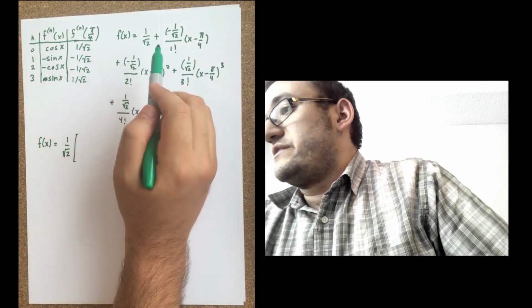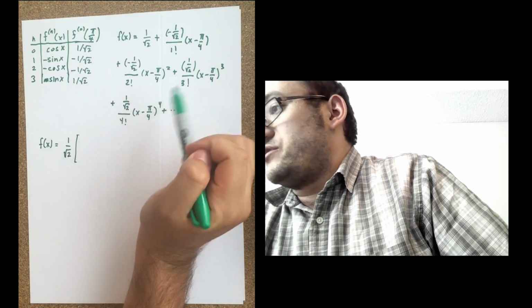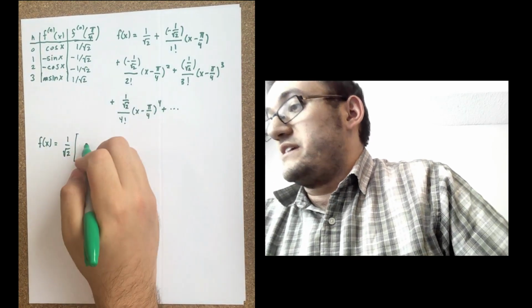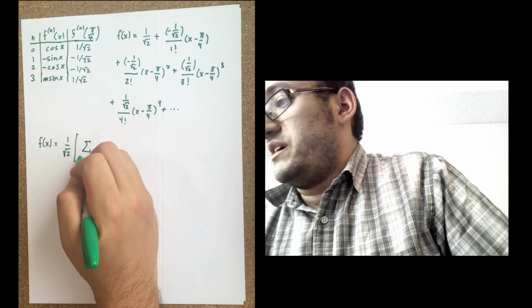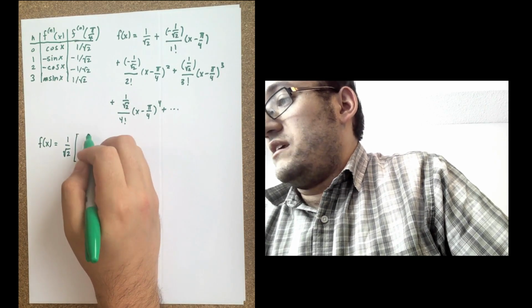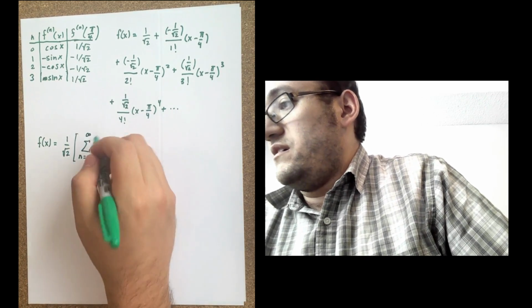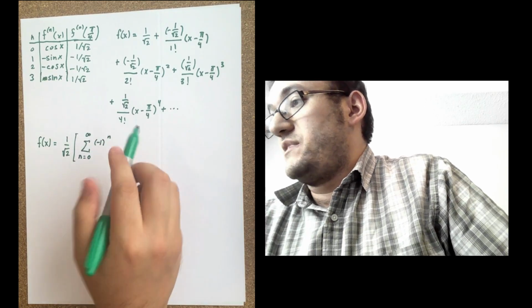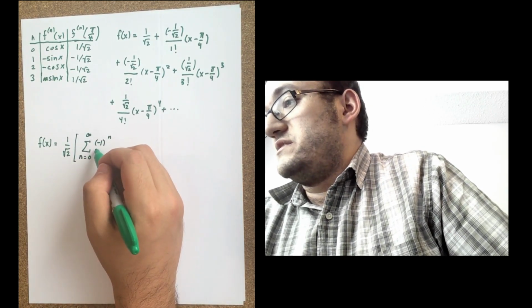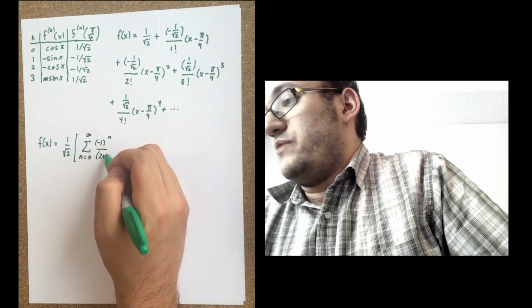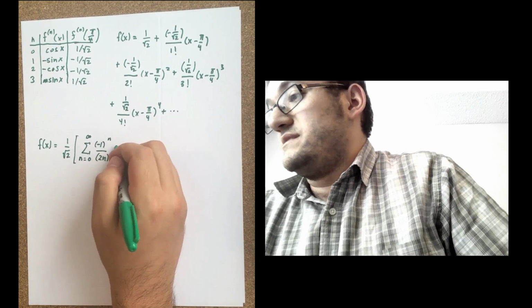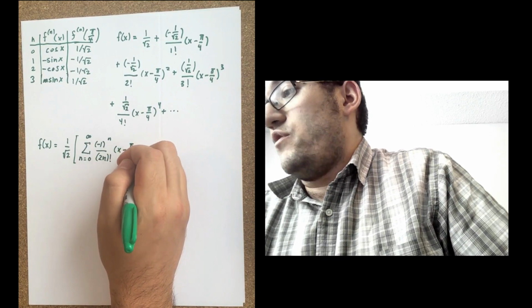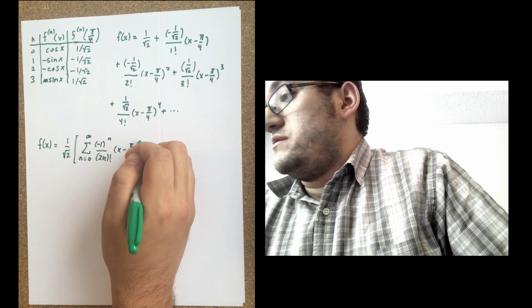So for the first series, I want to take all of the even terms. That will be 1 alternating series. So it'll be the sum from n equals 0 to infinity of minus 1 to the n, since it's alternating, and then divide that by 2n factorial times x minus pi over 4 to the 2n.